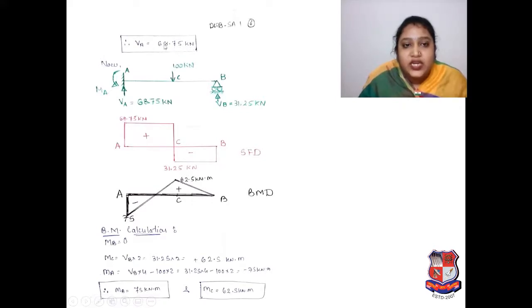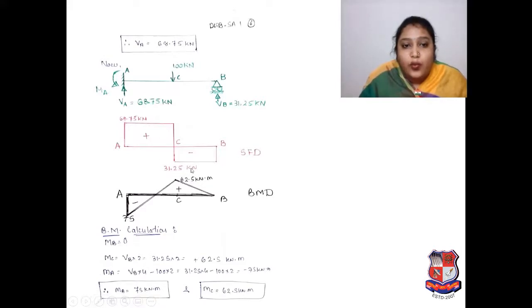VA is 68.75 kilonewton. It is positive, meaning it is in upward direction. Here we have to mention 68.75 kilonewton. Positive means upward direction, right? There is no load between A to C, so it is a straight line. Then the 100 kilonewton load is downward. So 68.75 minus 100, what will we get?